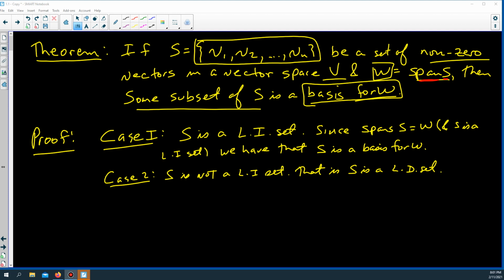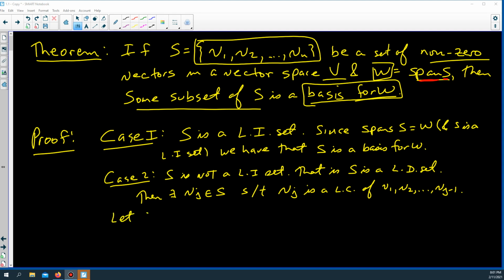By an earlier theorem we know, then there exists some V sub j in S such that V sub j is a linear combination of the earlier vectors V1, V2, up to V sub j minus 1.